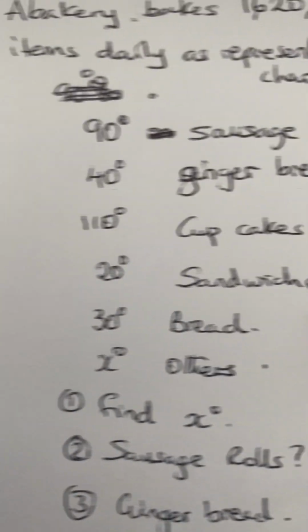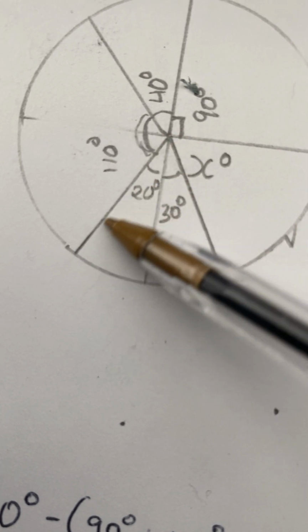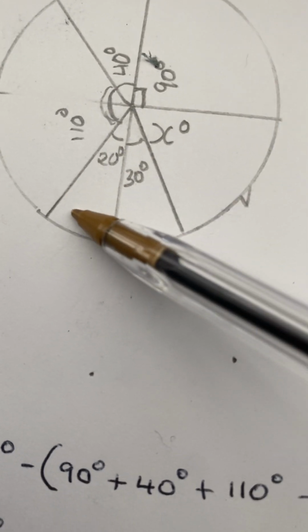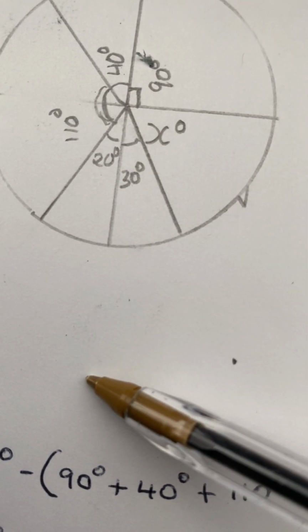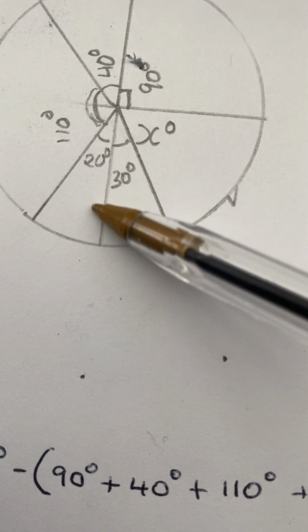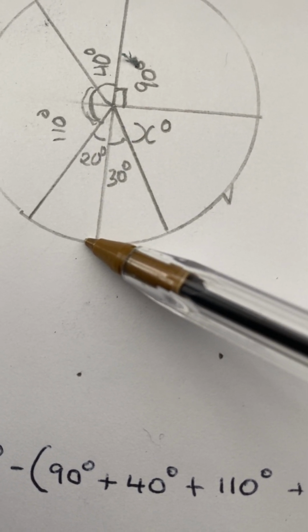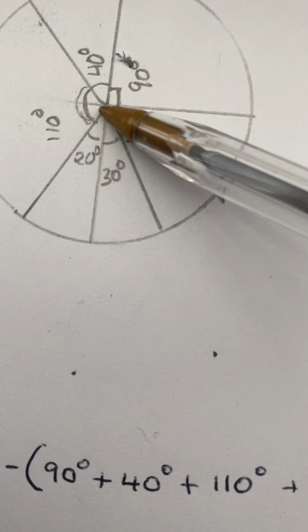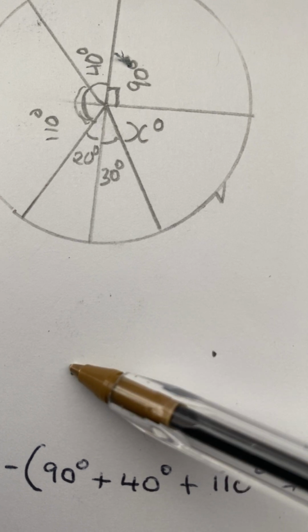Now 20 for sandwich. So I put the protractor on this line and then again measured 20, which brought me to this line. So I connected the center and I drew it and I stopped there. But if you use a straight line, it should take you up there.